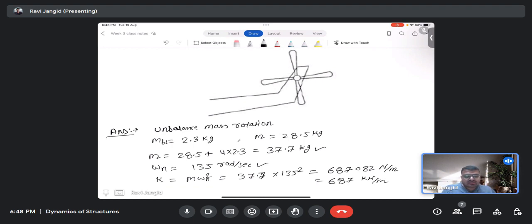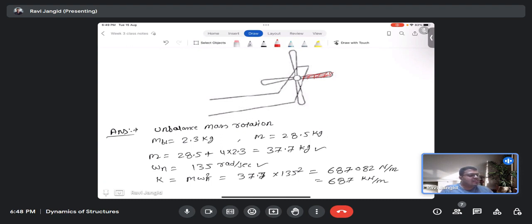So now these are the initial things I have. Now during the flying, let us suppose one blade falls down.